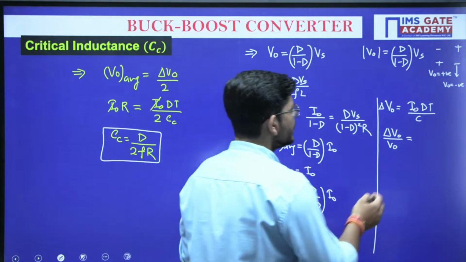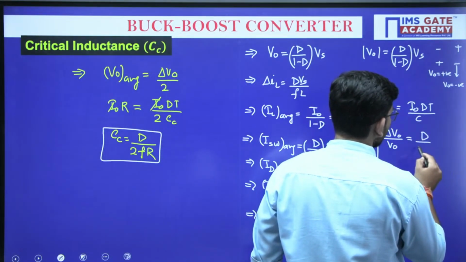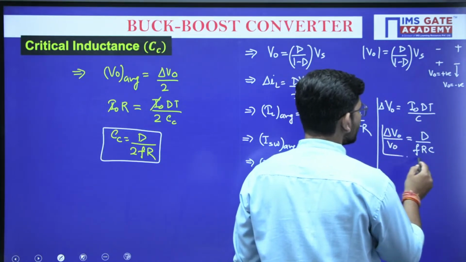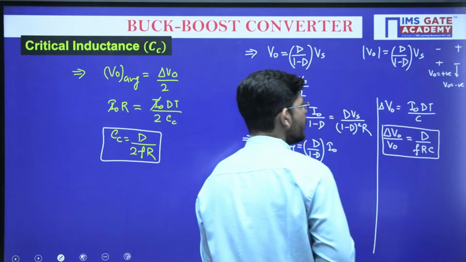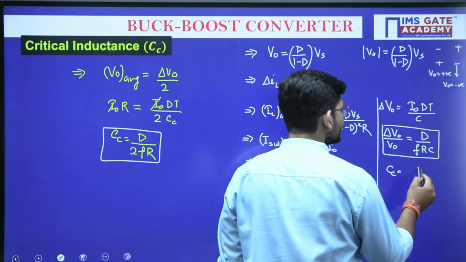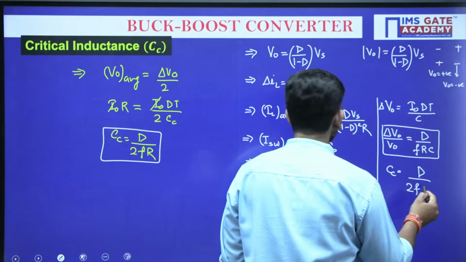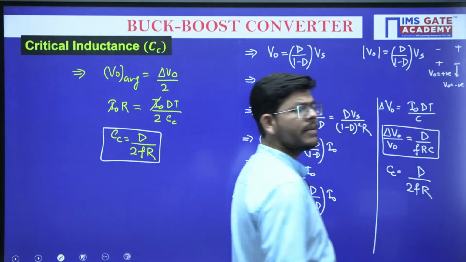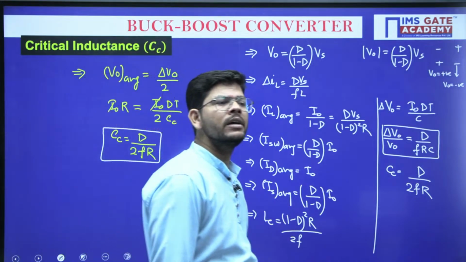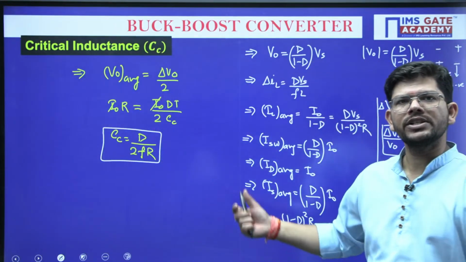This will become d upon FRC. This is called the percentage output ripple, a very important expression. And then we finally have the expression for critical capacitance, which is d upon 2FR. So all these are the important expressions that we have related to the Buck-Boost Converter, and we have calculated all of them.